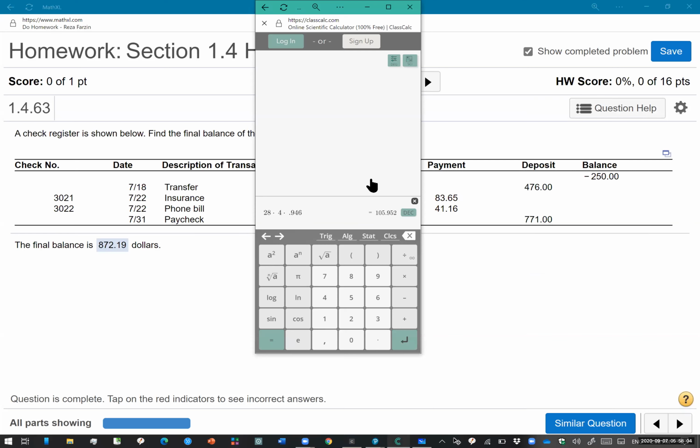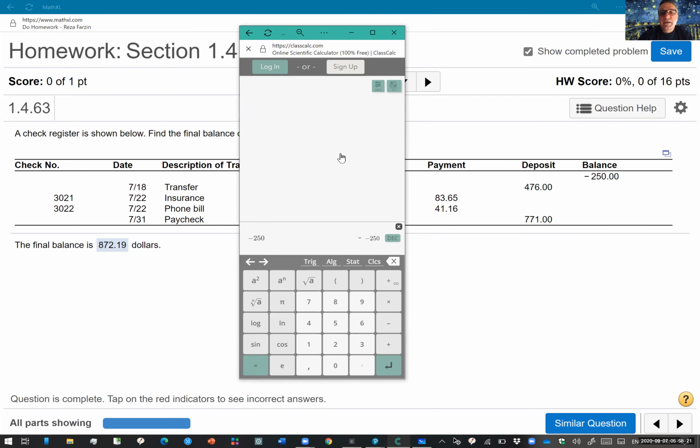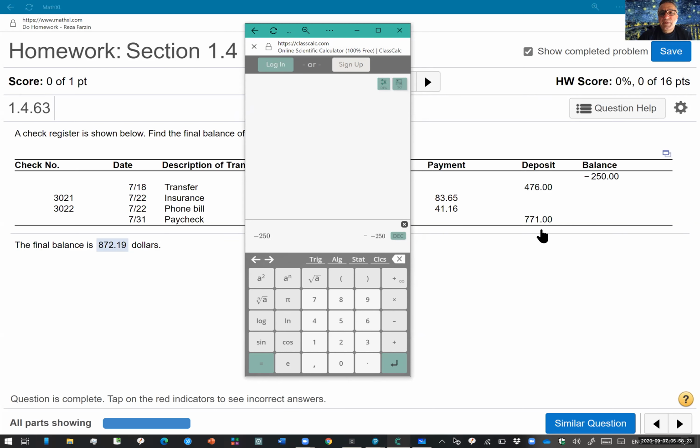Negative 250. Right, so we start our computation with negative 250. And then what? Add 476. Right, because these are deposits, right?